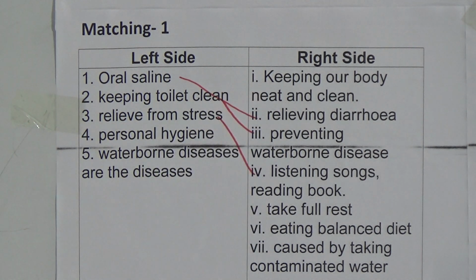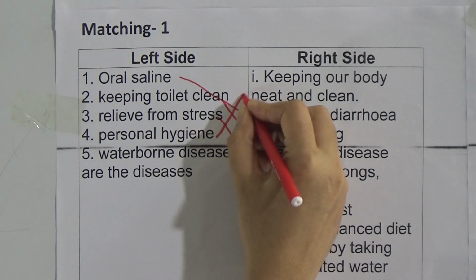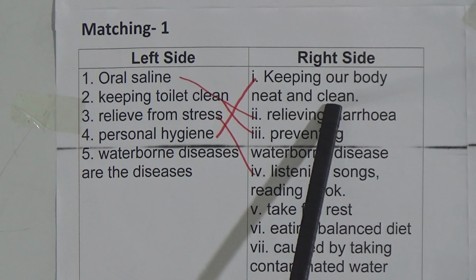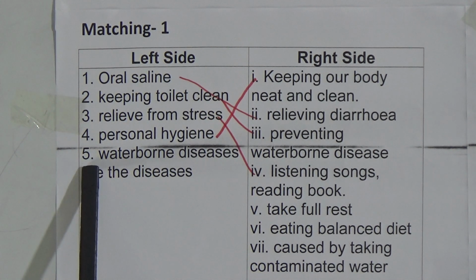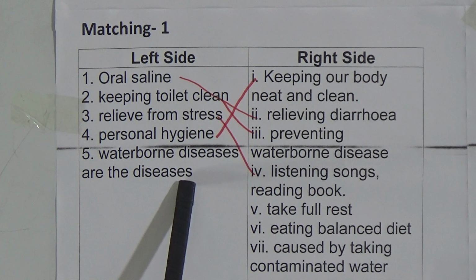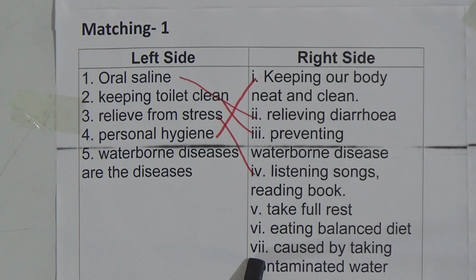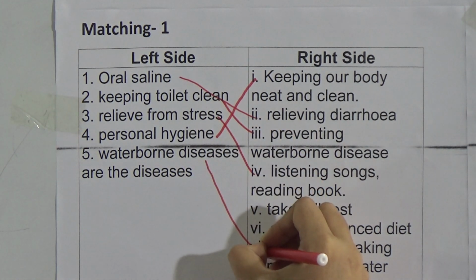So personal hygiene will match with here, keeping our body neat and clean. And here is the last, 5, waterborne diseases are the diseases. It will be matched with the last here, caused by taking contaminated water. So we will match with this.